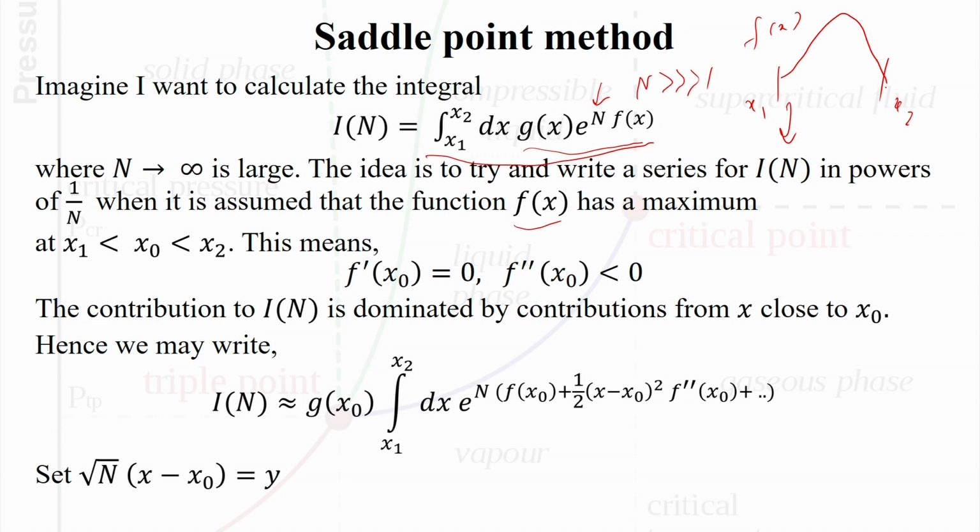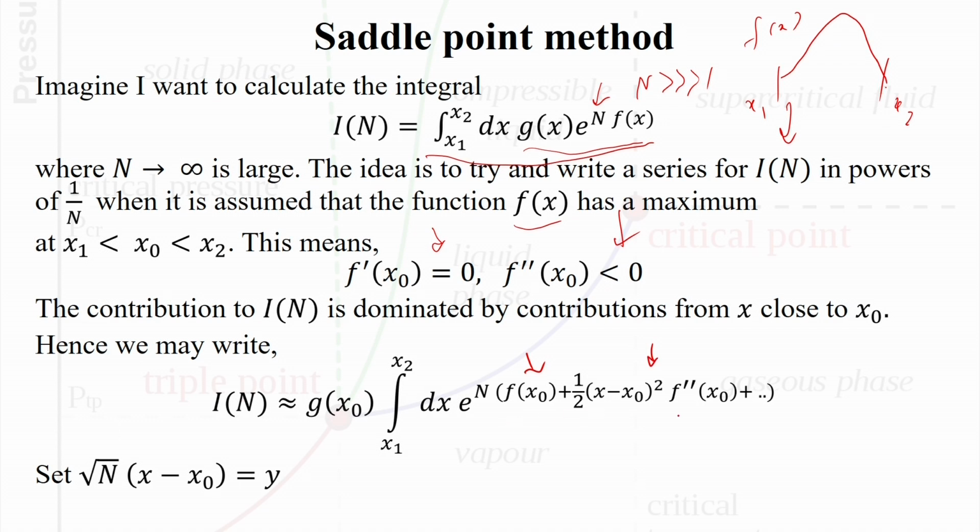I have chosen to denote the location where the function f of x peaks as x0, so I'm going to conclude that its first derivative is 0 because it's a maximum, and the second derivative is negative, again because it's a maximum, not a minimum. So then I can Taylor series expand f of x around x0, and I end up getting this result, which is basically this Taylor series.